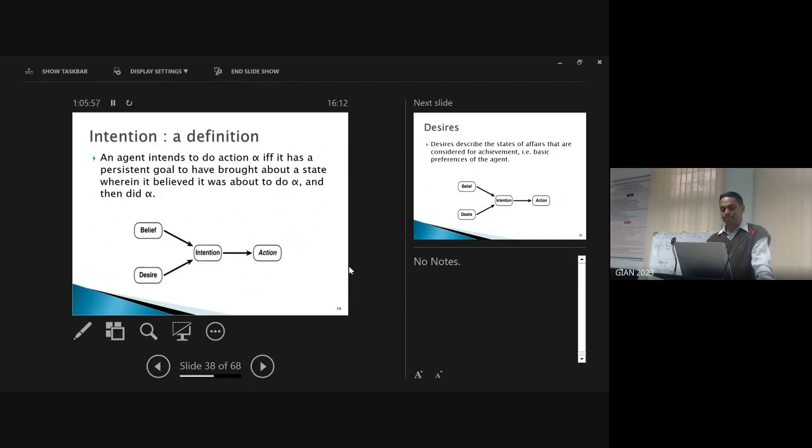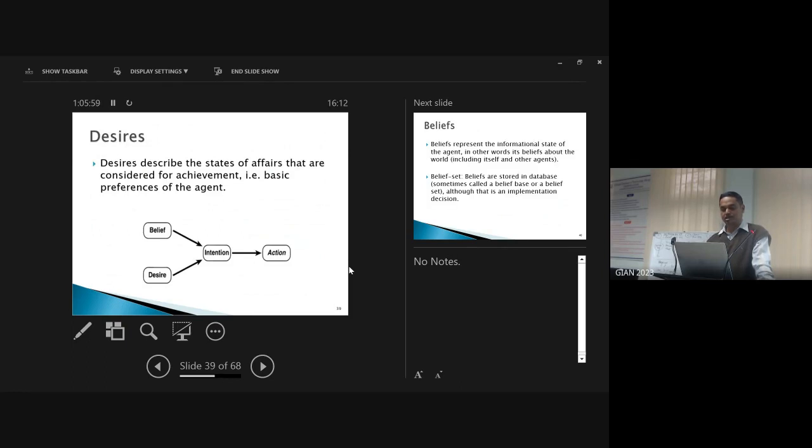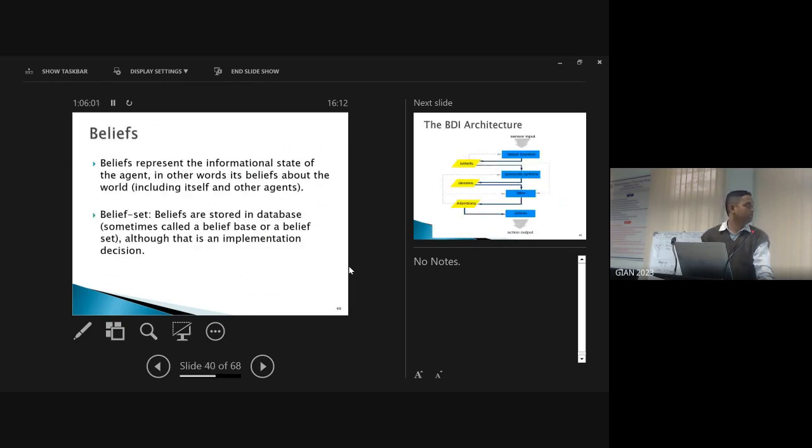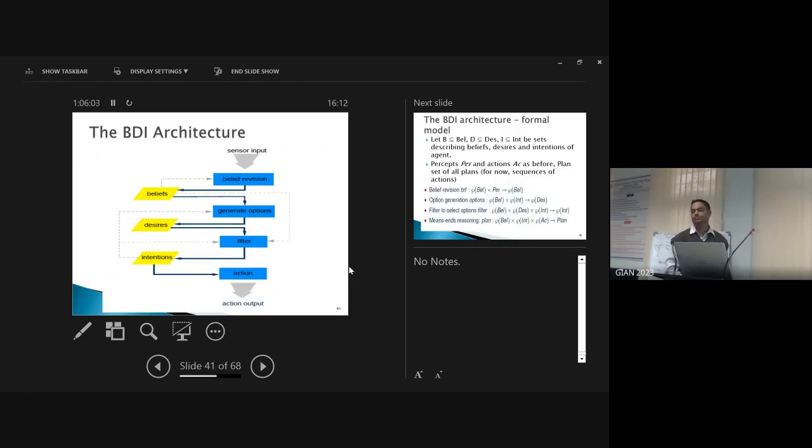Okay, belief, desire, and intention. The diagram is like this. You have a sensor input and belief revision, so the belief is always evolving, adaptive.